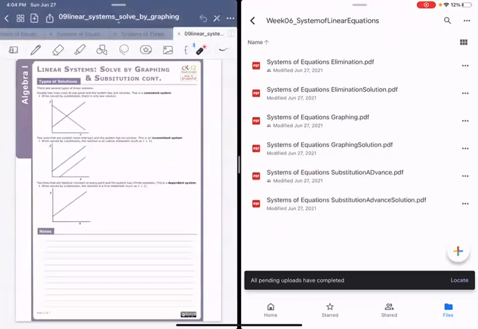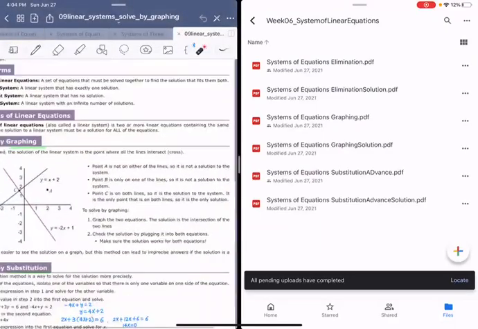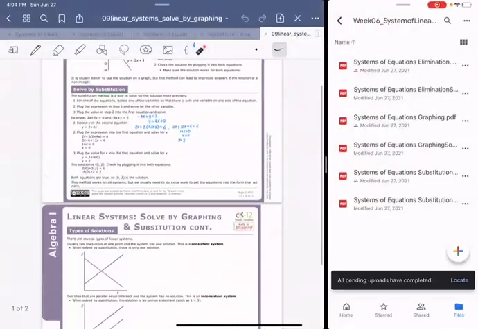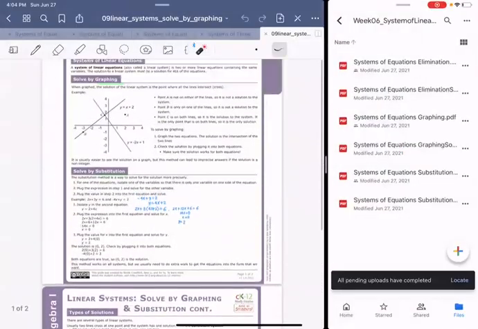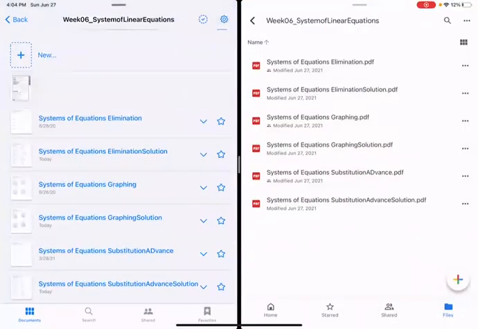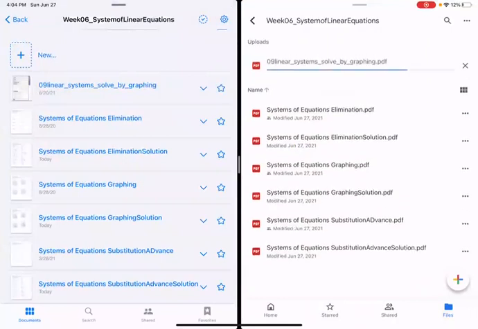And I want you to also have this PDF file printed out, okay? It has a very good summary of systems of linear equations, okay? It explains very well.